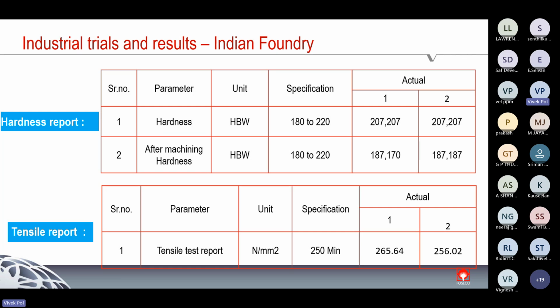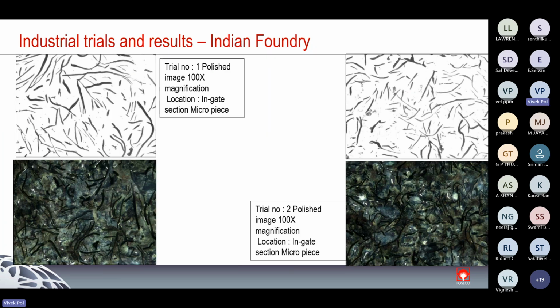Tensile was also very similar. And for microstructure, you can see each condition, concentrated versus regular inoculant. So with less addition also, we are getting good microstructure and good mechanical properties.